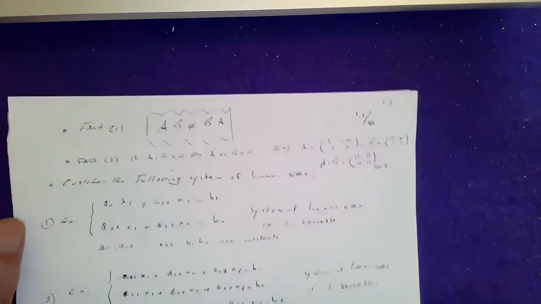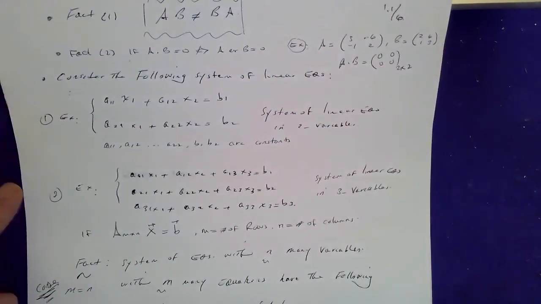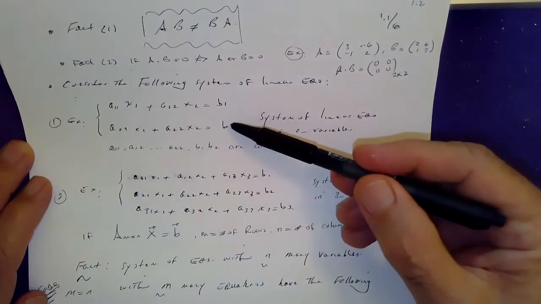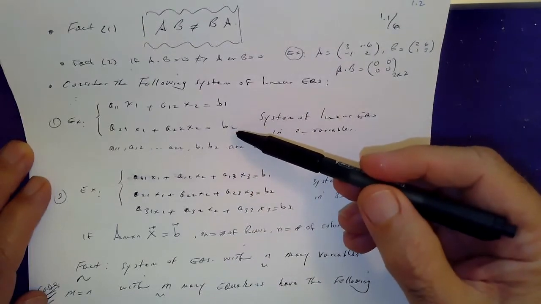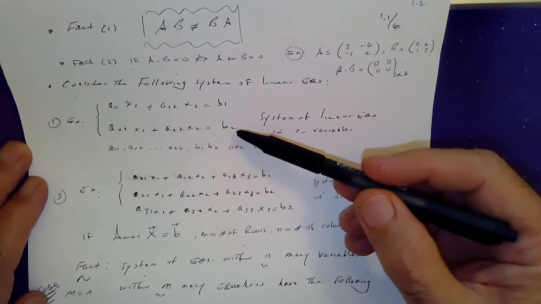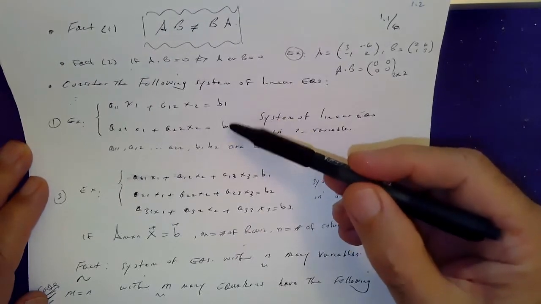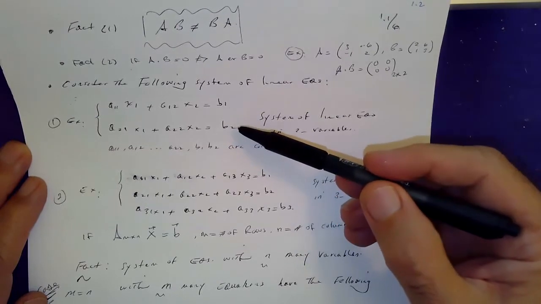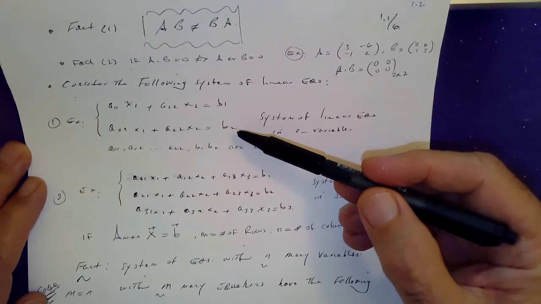Okay? So, a system of linear equations basically looks like this. If these constants are not equal to 0, the system is called non-homogeneous. If these constants happen to be 0, B1 and B2 are 0, then the system is called homogeneous.